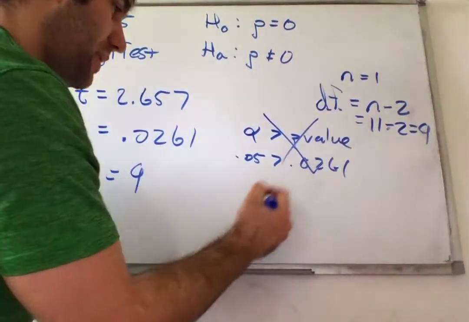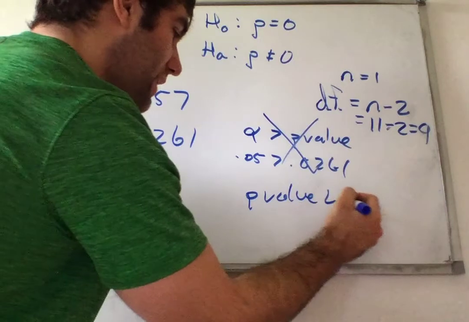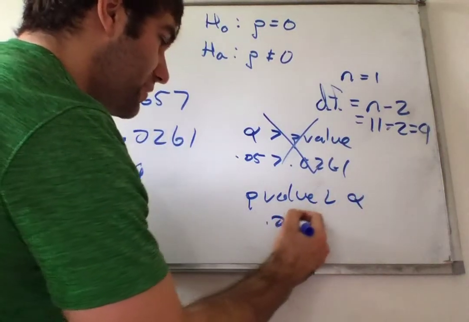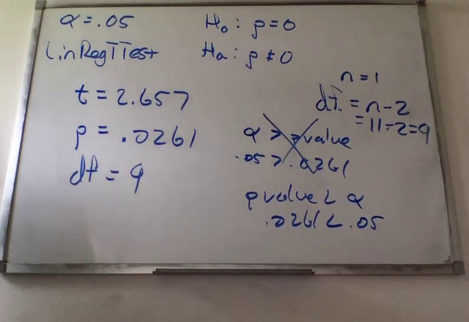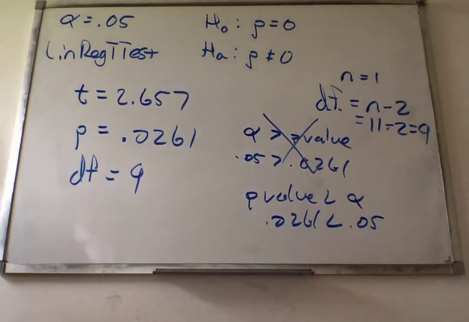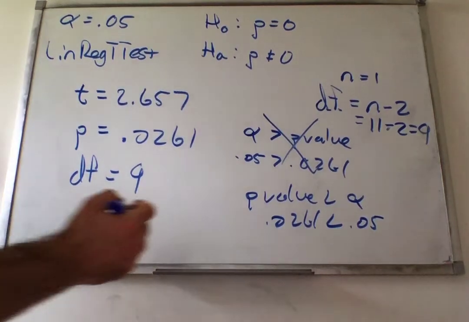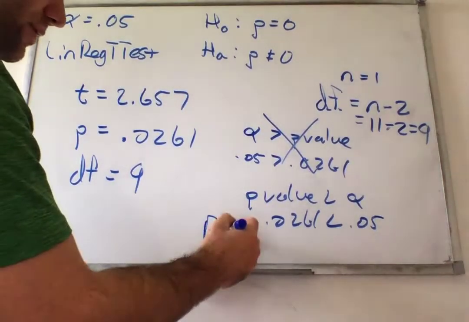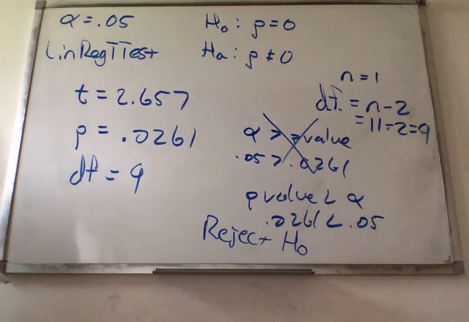So here, let me do that. The p-value is less than alpha. 0.0261 is less than 0.05. When our p-value was less than our alpha, think about what we did. What was our decision? It was reject our null hypothesis. Reject H naught.